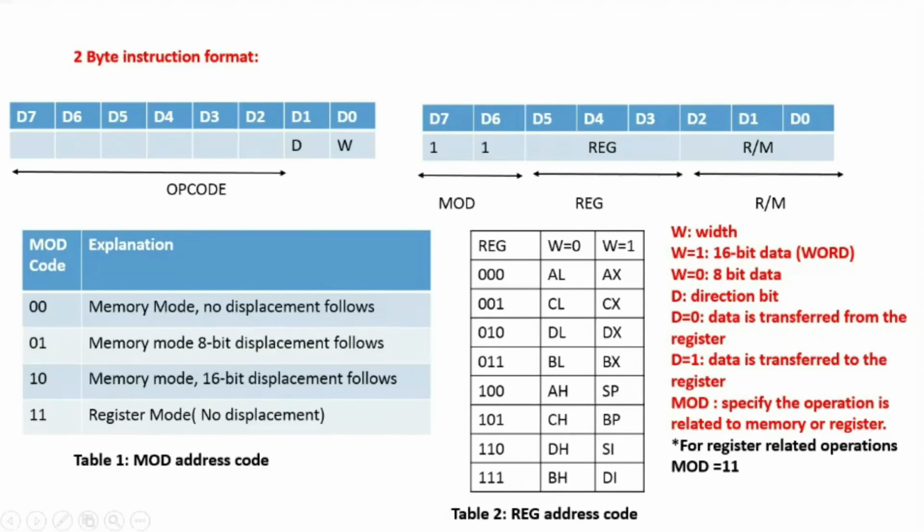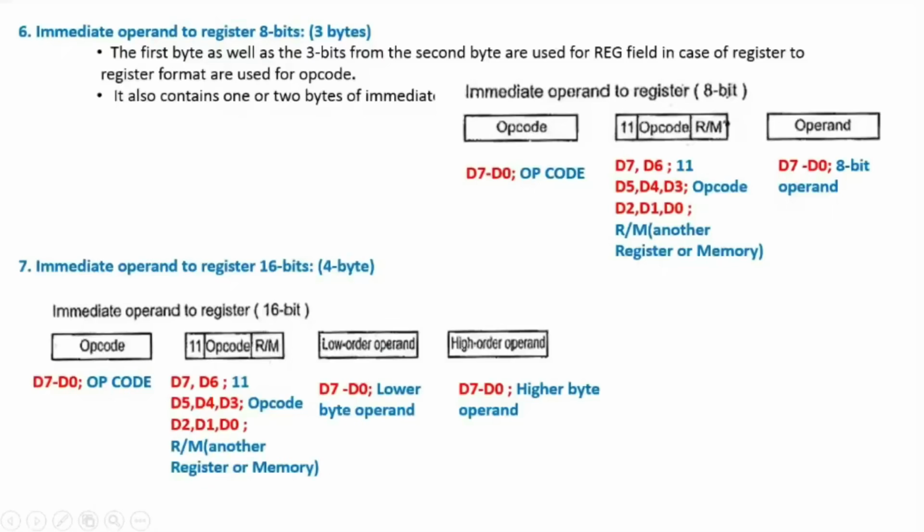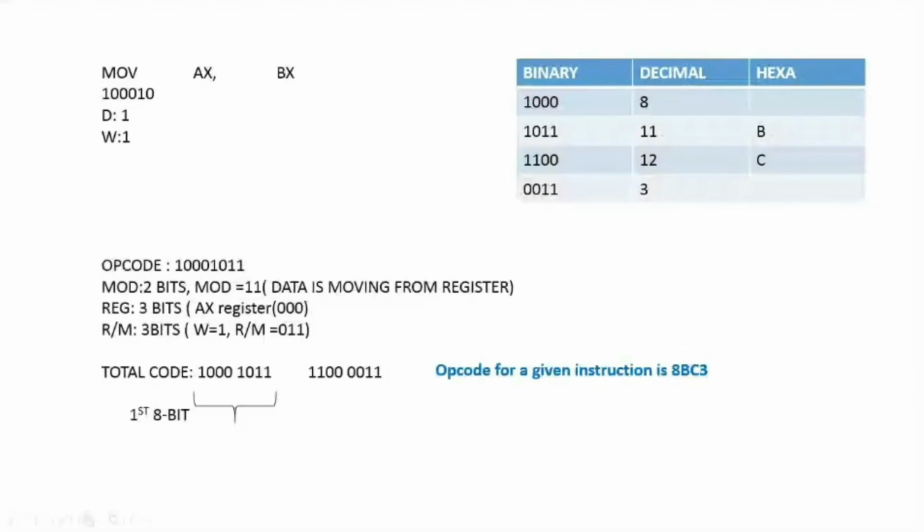I repeat once again, W is equal to 1 because I'm dealing with 16 bits of data. The register is AX, so the corresponding REG value is 000. So I got the 3 bits of REG, which is 000.